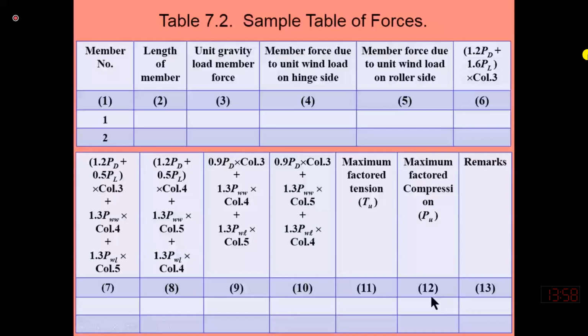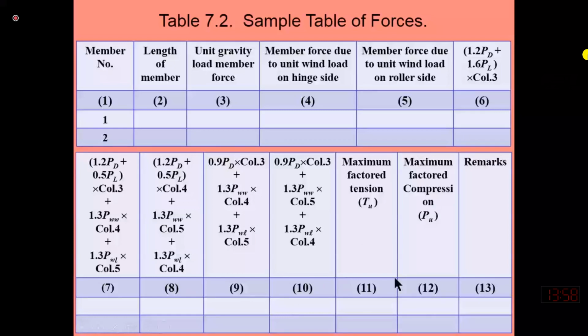Out of these 5 columns, whichever will have the maximum tension, positive force, write it right here. Similarly, out of these 5 columns, whichever will have the maximum compression force, you need to write over there.